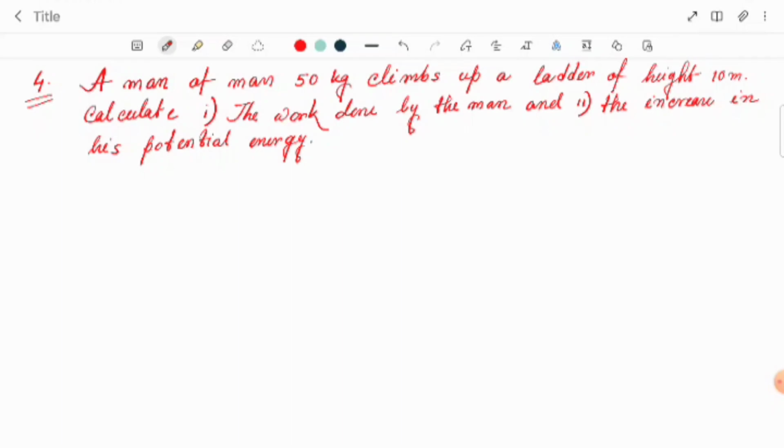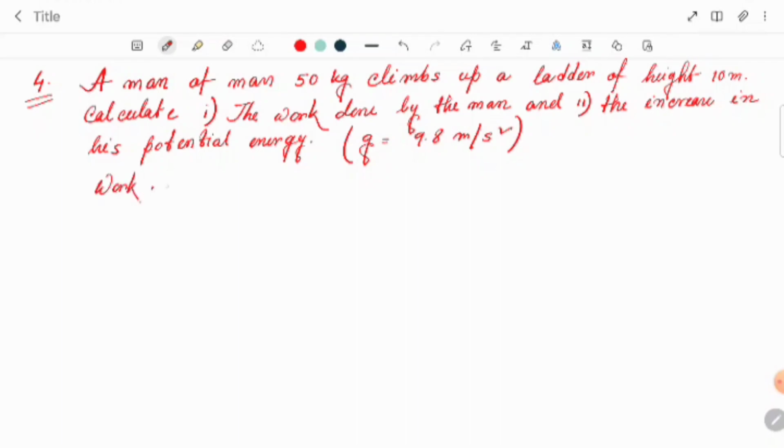First of all we have to calculate the work done. So we can write the given things here. Here they have mentioned that g equal to 9.8 meter per second square. So first we have to calculate the work.